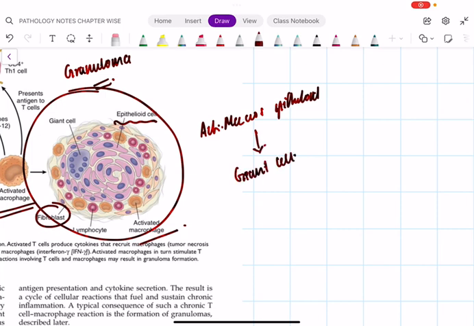Why are they called giant cells? Because they are multinucleated. From many macrophages and many epithelial cells, all these clump, so they have a common cytoplasm with many nuclei. We have different types of giant cells, that is Langhans giant cell and foreign body giant cell. All those things we will discuss separately.